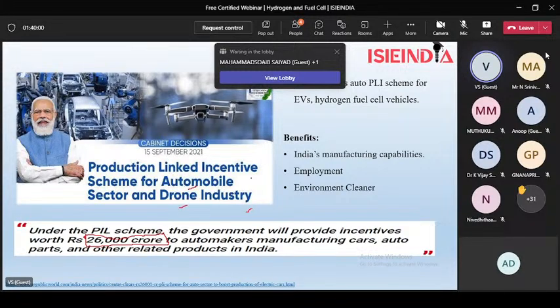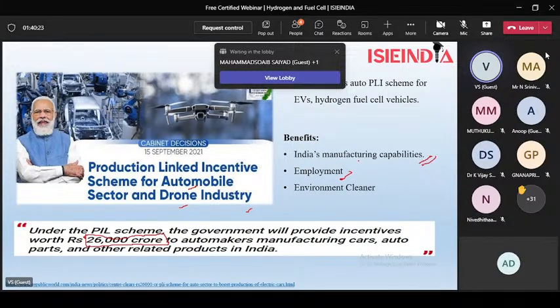The benefit of this scheme will be that it will boost India's manufacturing capabilities, because a lot of industry will be opened, and manufacturing units will be set up, and this will also give employment to the unemployed ones.